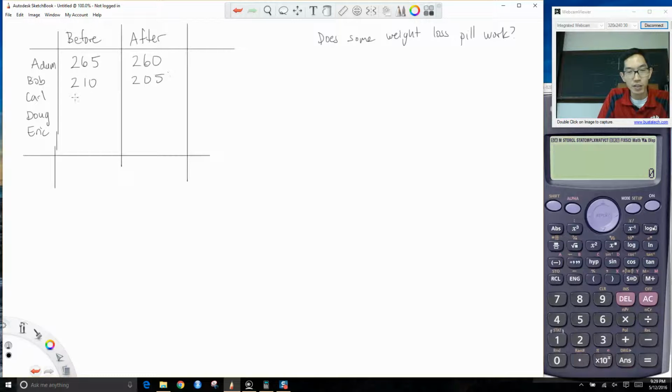Carl was, I don't know, 315, and after is down to 309. Doug was 240, and after is down to 235, and Eric was 195 and is now down to 190.